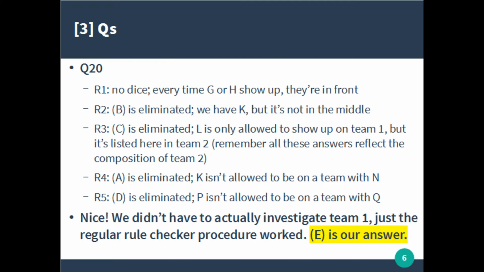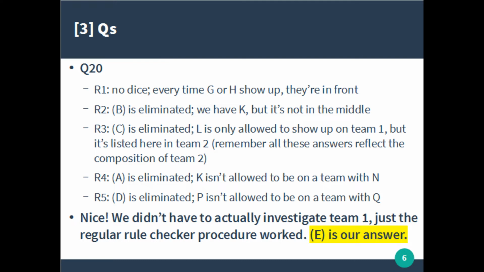Rule 2 helps us out by eliminating B. In B, we see that we have a K, but it's not in the middle as the rule regarding K forces us to have. So since K isn't in the middle, but it's showing up, we're eliminating B. Rule 3 eliminates C. L is only allowed to show up on team 1, but it's listed here in team 2. You have to remember that all these answer choices reflect a potential composition of team 2.